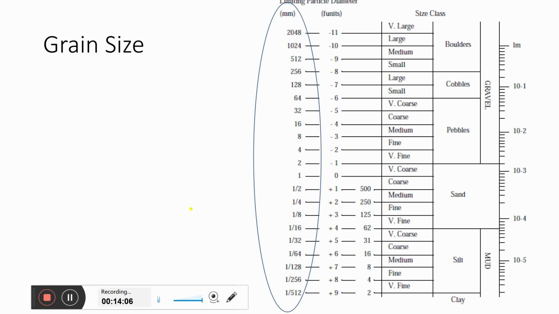Similarly, in between you can see sand, silt, mud. And you can just keep in mind the particular range for these rocks which are important from a petroleum perspective. It's like sand, silt, mud.